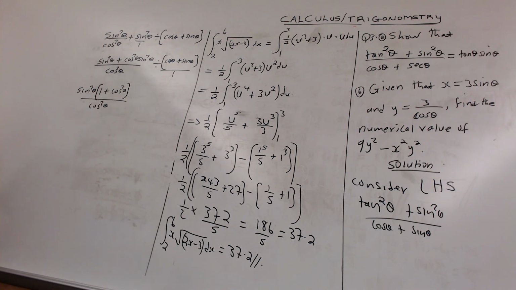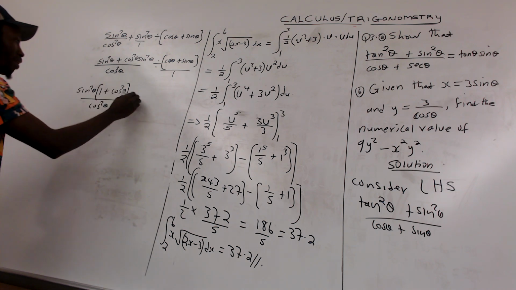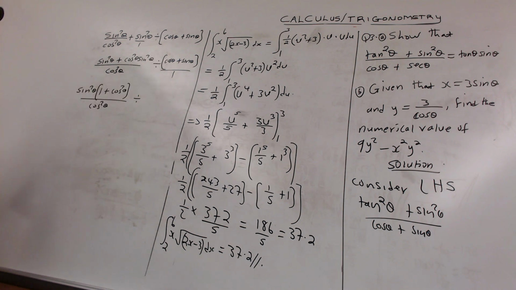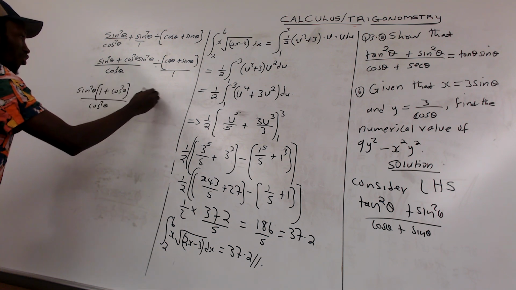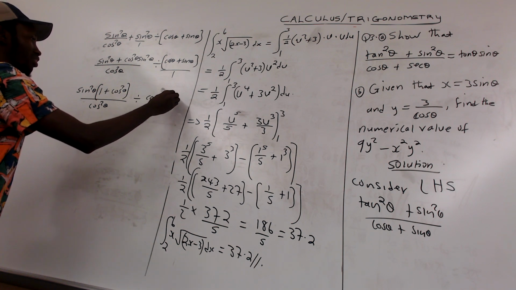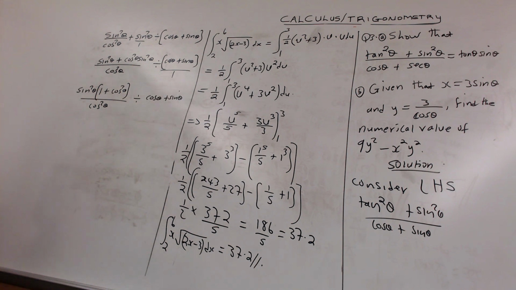You see, it's going to be this value divided by, and we have this value cos theta plus sin theta. So since we have cos theta plus sin theta, we write it divided by cos theta plus sin theta. So we have this value.